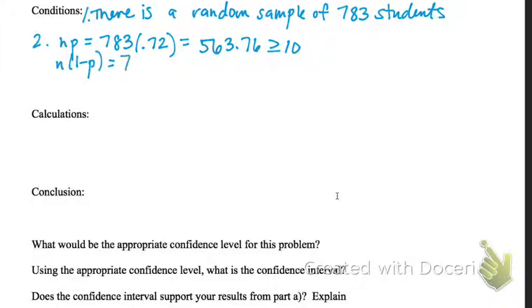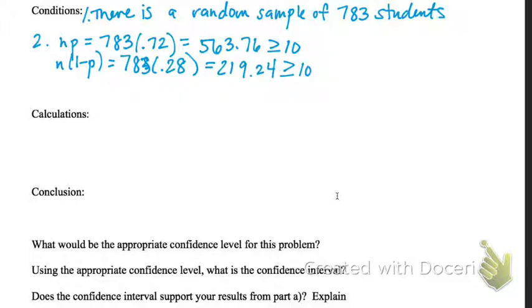N times 1 minus P is 783 times 0.28. Remember to show all of your steps. When I was grading the free responses, I saw that some people were getting lazy. You must show all the steps. Also, just showing this is not sufficient. I need to say what?